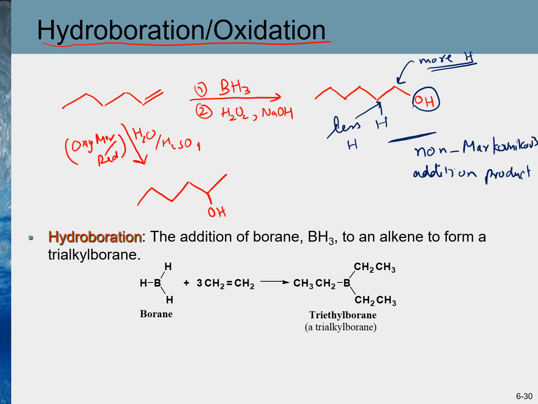But in case of hydroboration followed by oxidation, the OH group is at number 1 carbon. So that's an important distinction. So that's where hydroboration followed by oxidation becomes so important, because this is the only method to convert alkenes into non-Markovnikov's alcohols.